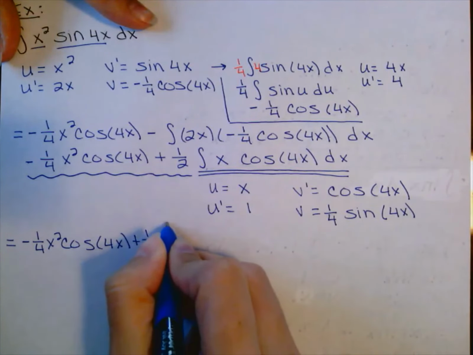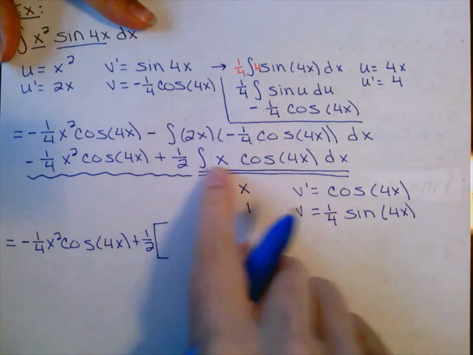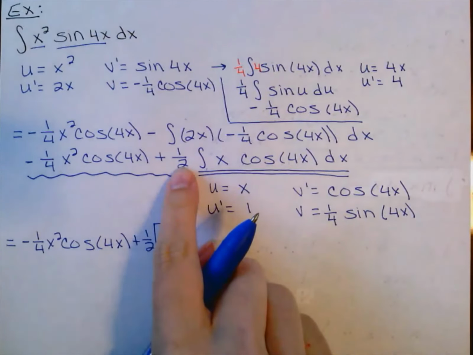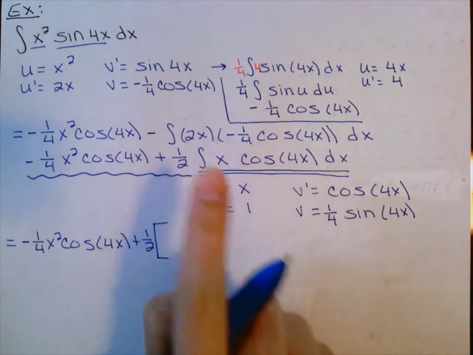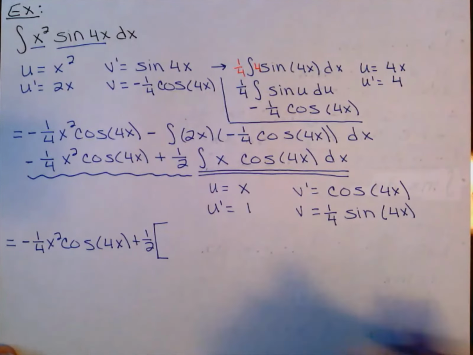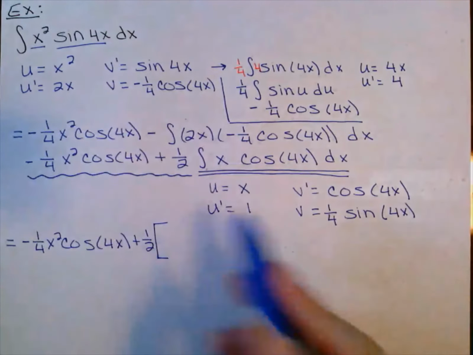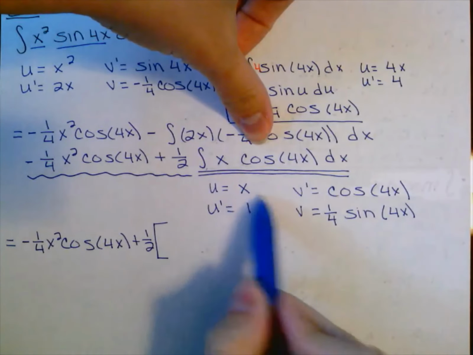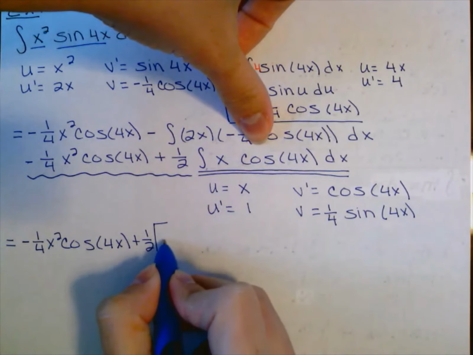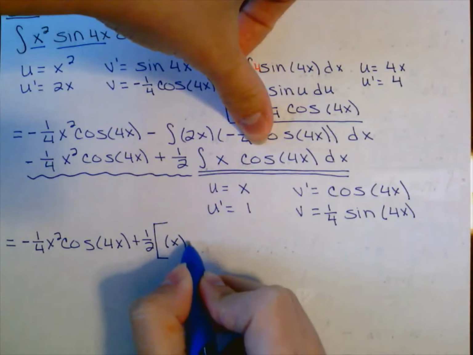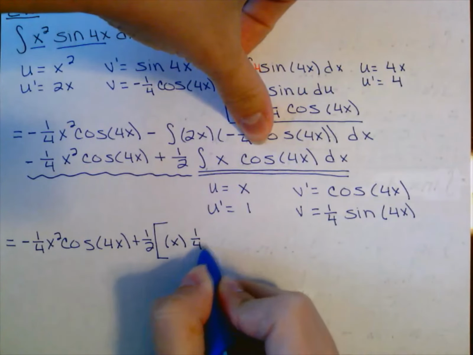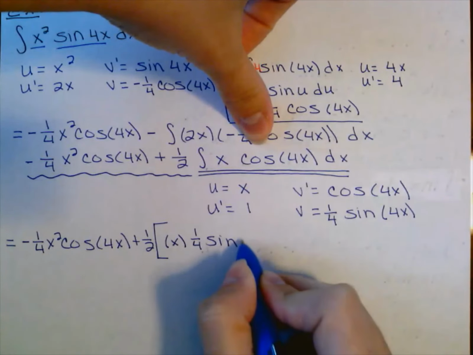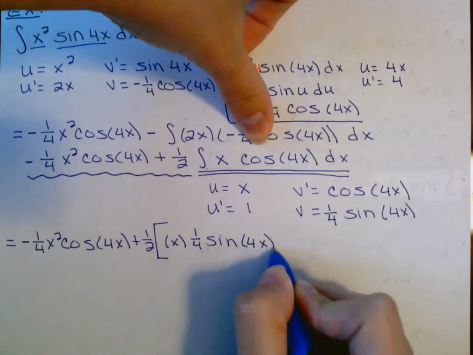Now here, I'm going to put a bracket because my answer from this is going to have to get multiplied with that 1/2. So be very careful, okay? The next part of this, remember, my question should have both of these. My next step is these two being multiplied. So I have x times 1/4 sine of 4x.